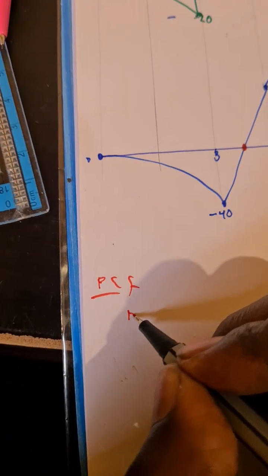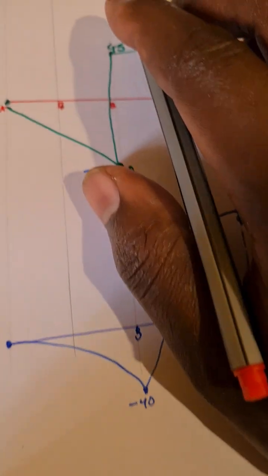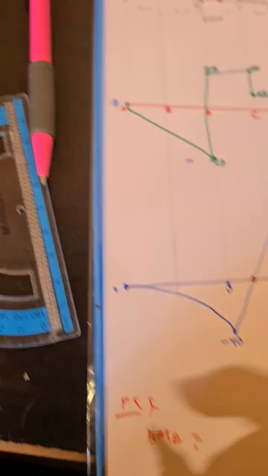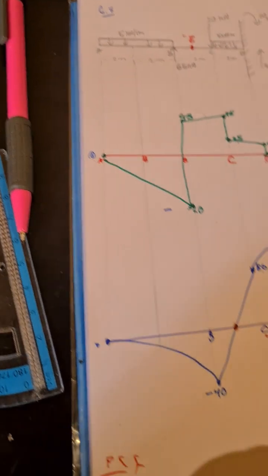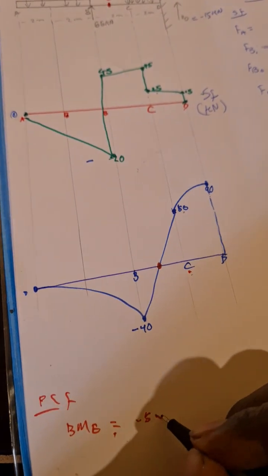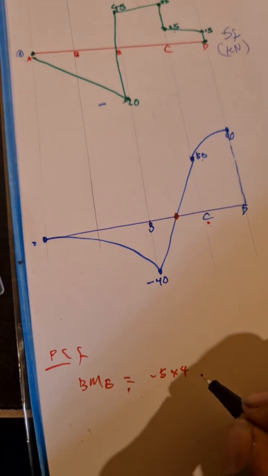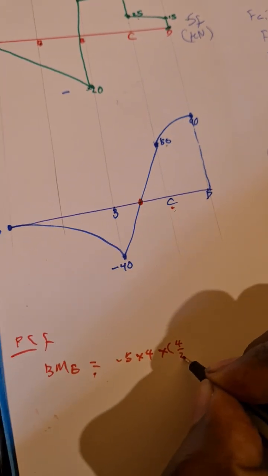So bending moment at E. So we call this point E. Then you calculate bending moment at E coming from A. So it's gonna be what? Minus 5, right, times 4, the UDL, now it's a force, then times the distance. So it's gonna be 4 over 2.